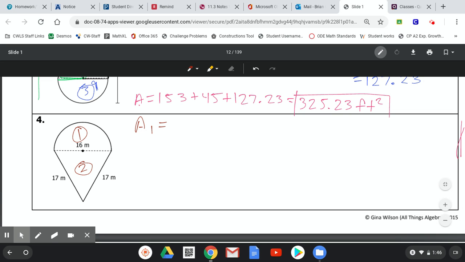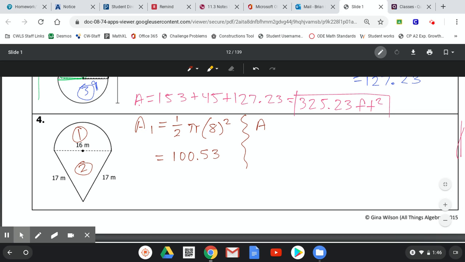So when we're doing pi times radius squared, we have to take half of that 16, which is 8. So we're doing 1/2 because it's half of a circle, 1/2 times pi times our radius, which is 8, half of 16, squared. Now, when we do that, we're going to get an answer of 100.53, right? That's our area for the first shape.